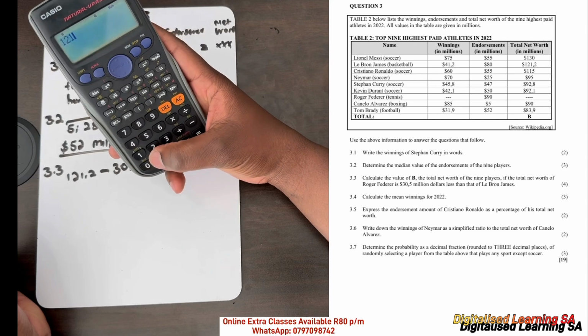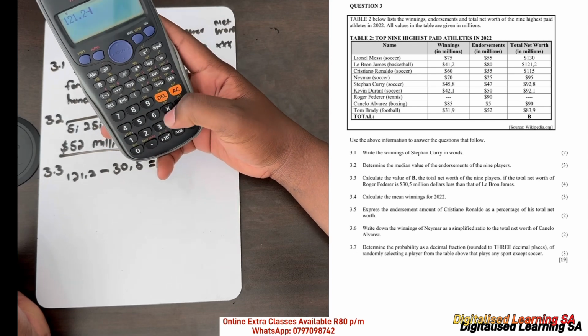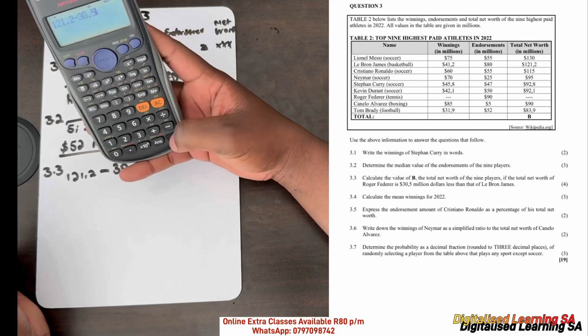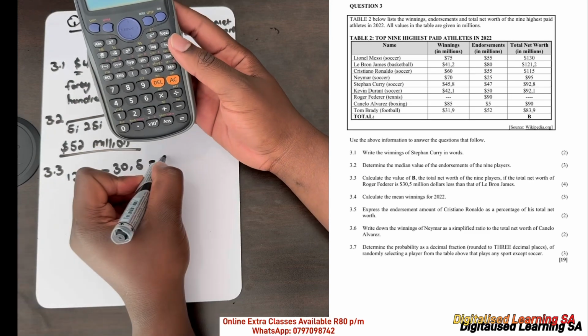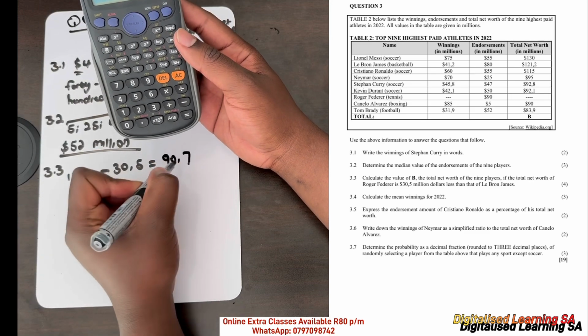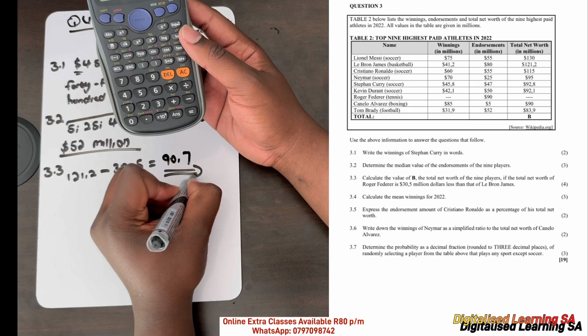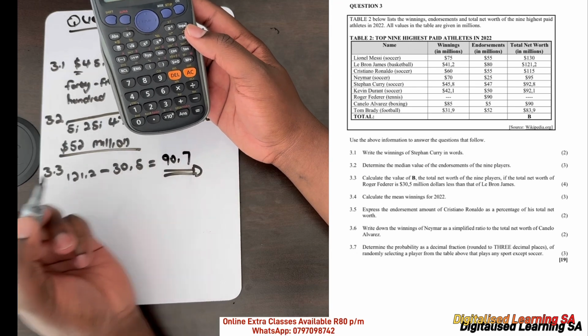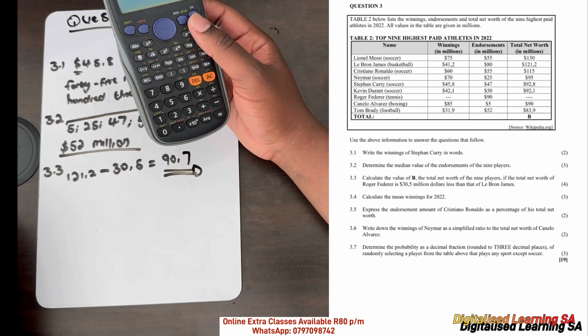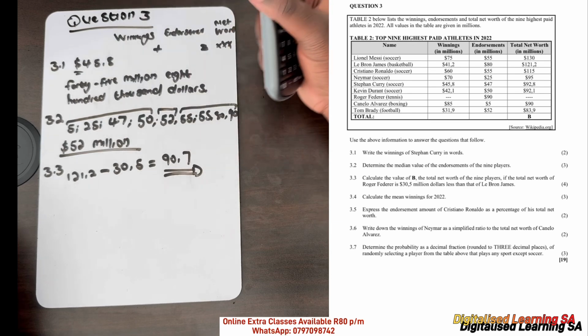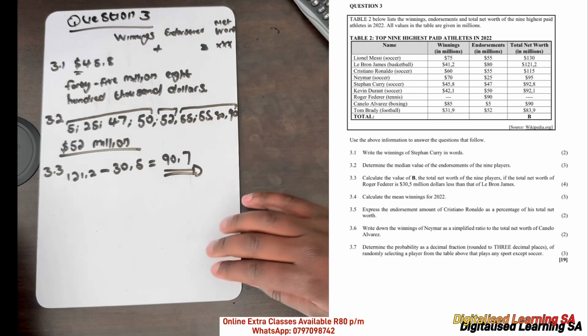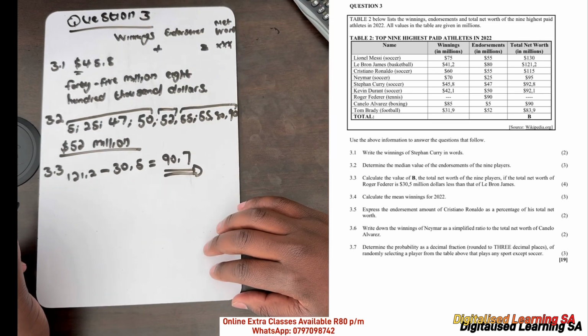It will be 121.2 minus 30.5, and our answer will be 90.7, meaning that the net worth of Roger Federer is 90.7. So now we are asked to calculate the value of B. To get the value of B, we just add the entire net worth of the 9 players.